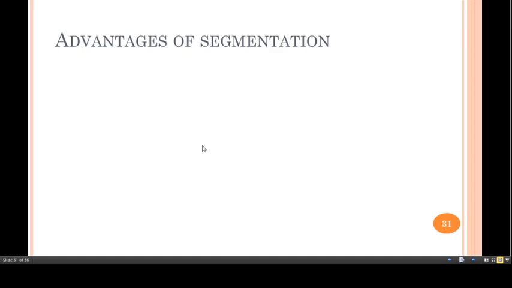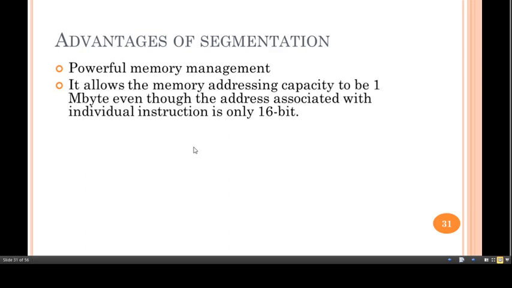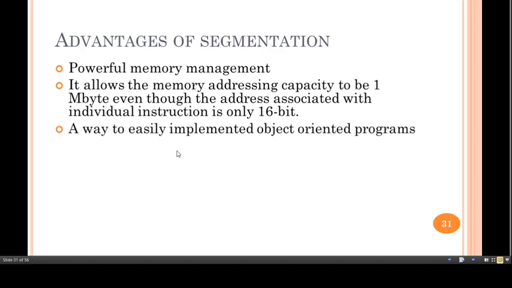Now, what are the advantages of segmentation? First, it is powerful memory management; with segmentation, memory management becomes very useful and is a powerful technique. Second, it allows the memory addressing capacity to be 1 MB even though the address associated with an individual instruction is only 16 bits. It is a way to easily implement object-oriented programs.